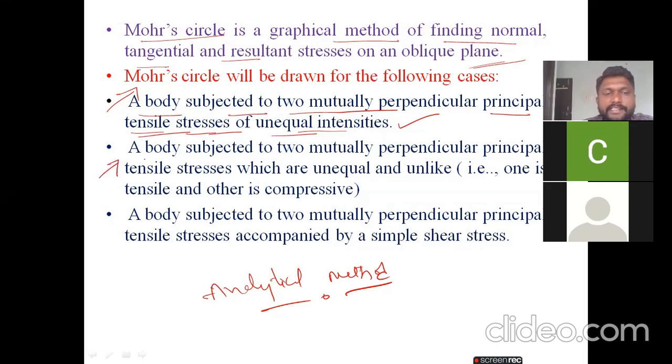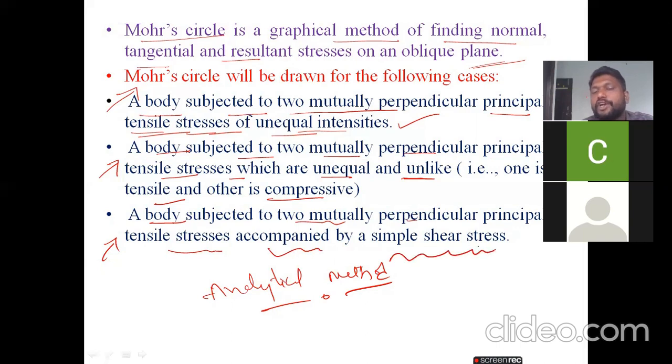The second case is a body subjected to two mutually perpendicular principal stresses which are unequal and unlike. That means one is tensile and the other is compressive. The third case is a body subjected to two mutually perpendicular principal tensile stresses accompanied by a simple shear stress. So we have three conditions.